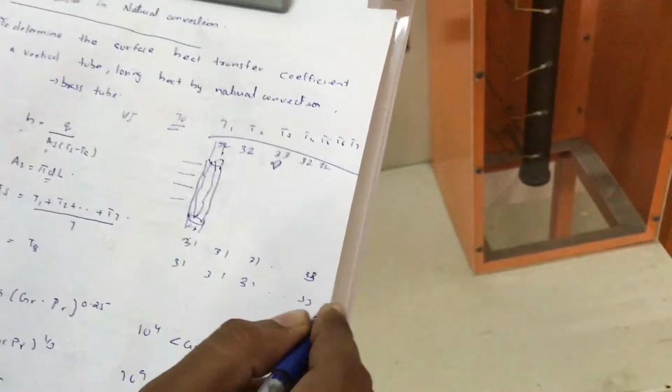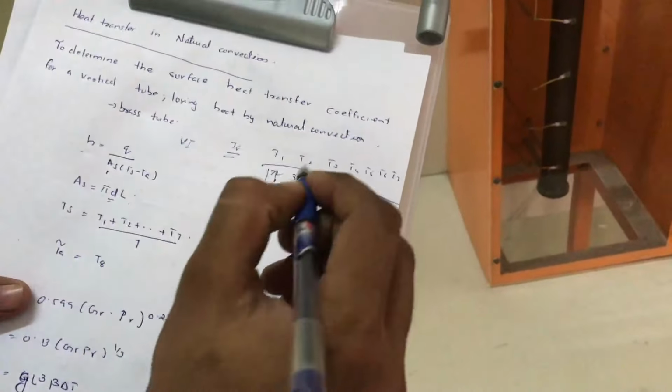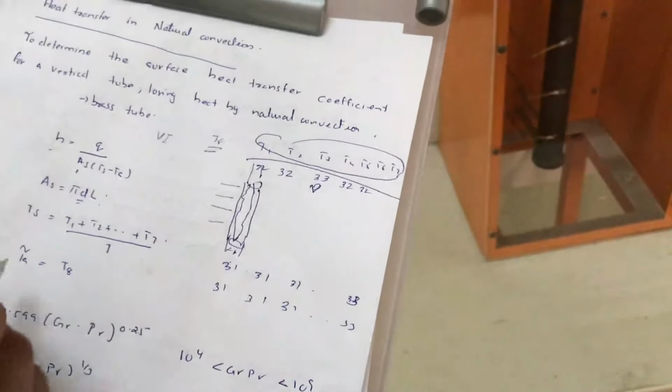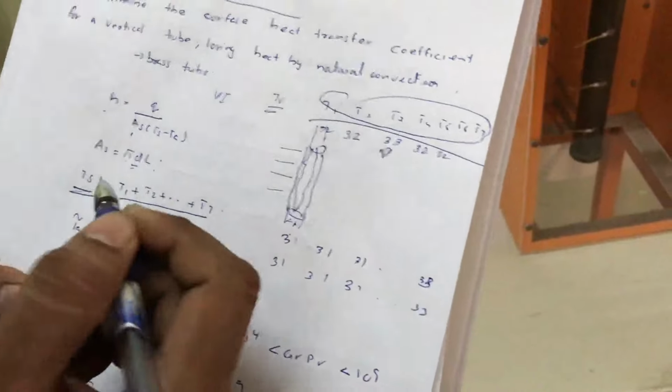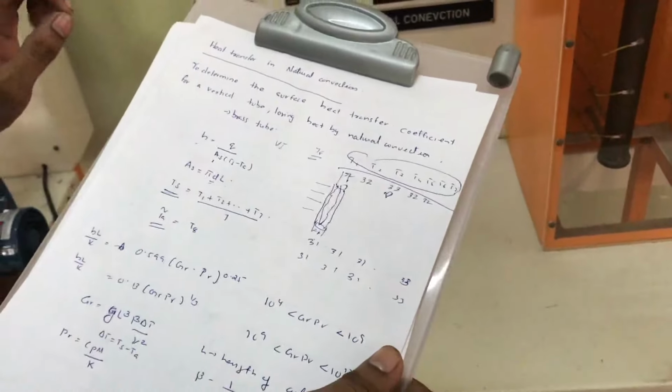That means it has reached steady state, and at that time we can take the average of the first 7 thermocouples, T1 to T7, to find the surface temperature, and the ambient temperature is obtained from the reading of the 8th thermocouple.